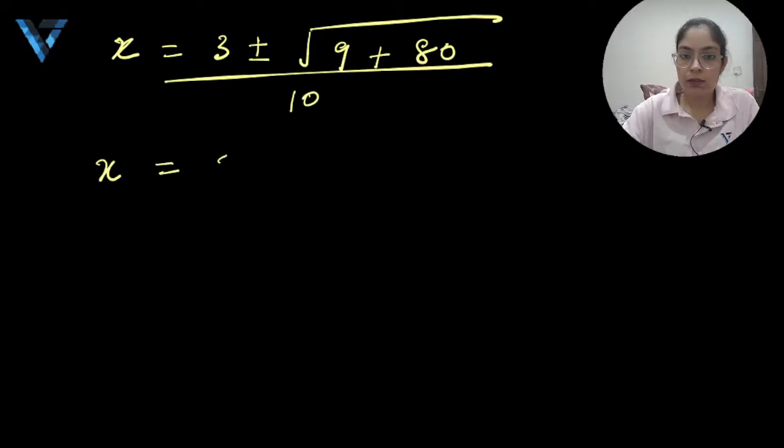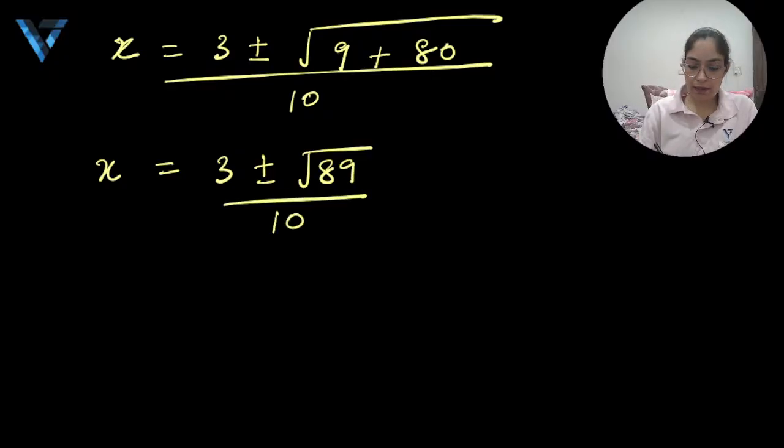So x is equal to 3 plus or minus root 89 by 10. Now root 89's value you can see from the square root table. Tell me, what is the value of root 89?